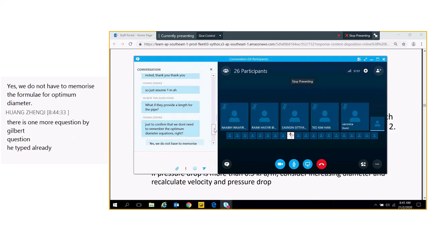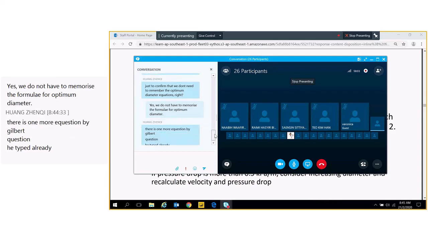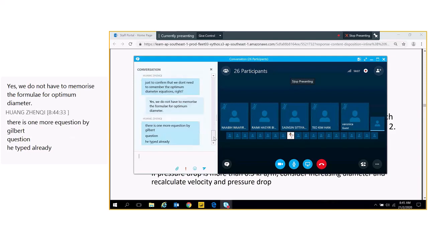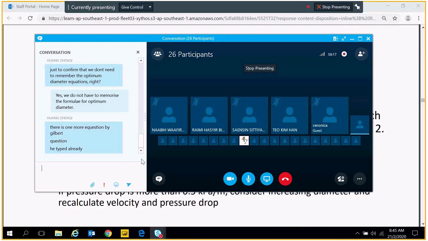All right, what if they provide a length for the pipe? Now, when you check for the pressure drop, we need to make sure that the pressure drop is not greater than 0.5 kPa per meter. So over here it is in terms of per meter, not the actual length of the pipe.